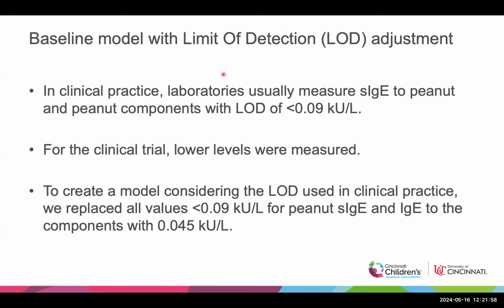However, in clinical trials and a lot of other research studies, the lower limit of detection is often different than in clinical practice. So to create a model that we think would be the most useful in clinical practice, we imposed the limit of detection of 0.09 on all specific IgE values and filled in everything below this with half of the lower limit of detection. So we use 0.045 for these specific IgE values.